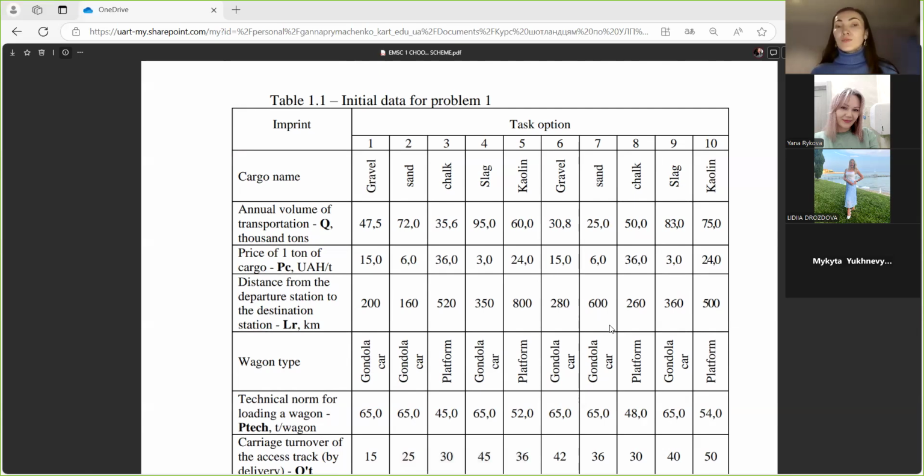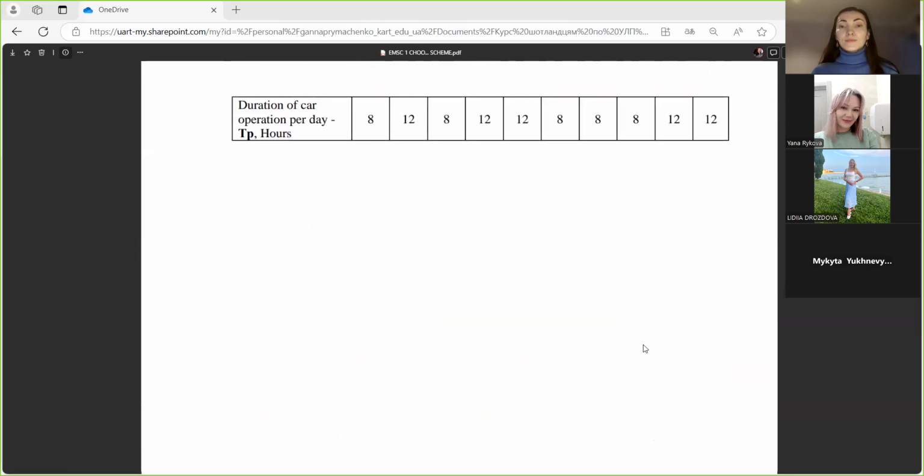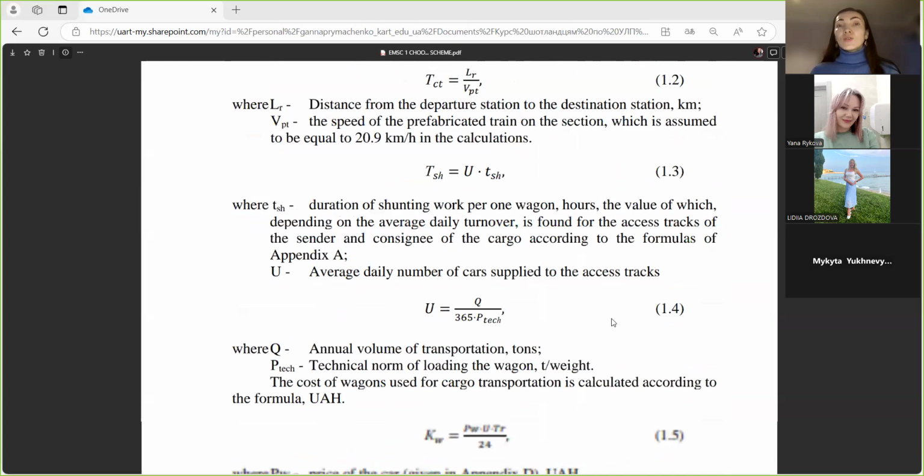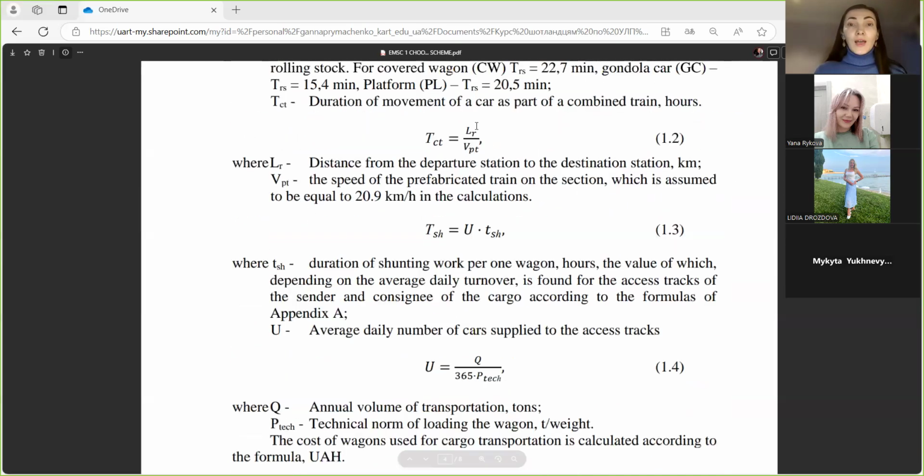Okay, and we come back to our formula 1.2. So you write this parameter L with index R in the numerator, and now we need to find the denominator. It is V with index PT, the speed of the prefabricated train on the section, which is assumed to be equal to 20.9 kilometers per hour in the calculations.